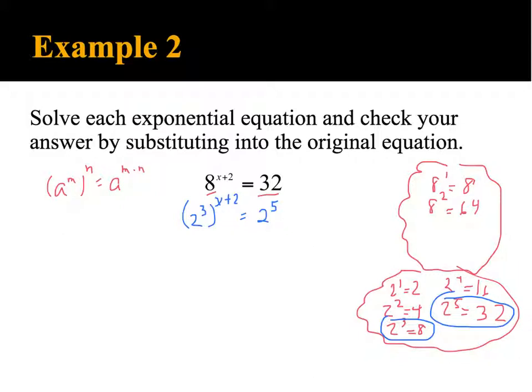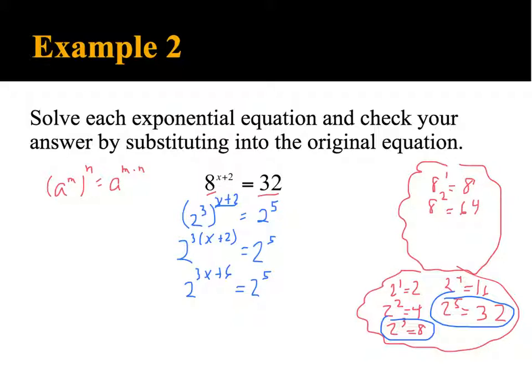So here, the way you're supposed to do this correctly, it's 3 times x plus 2. And we need to put the x plus 2 in parentheses. Otherwise, it doesn't make sense. We need to multiply the 3 with this whole expression. And so what we get when we distribute the 3 is 2 to the 3x plus 6 is equal to 2 to the 5th.